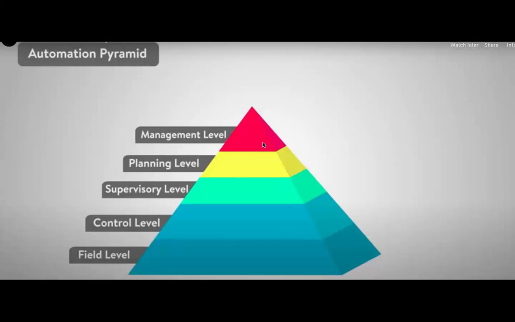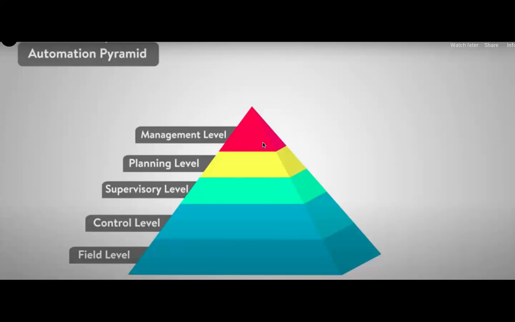So let us talk about the field level first. This is the lowest level of automation. It includes sensors and actuators. The main task of this level is to transfer the data of processes through sensors to the next higher level, which is the control level.